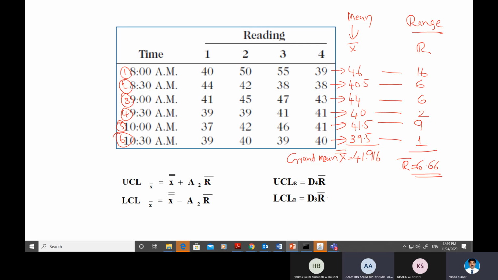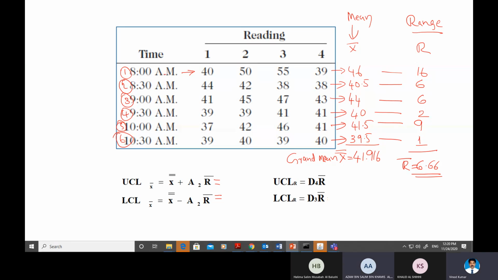Now let us calculate the lower control limit and upper control limit. Substitute x double bar equal to 41.916. A2, yes, let us go. How many samples are here? 6 samples, right? Each observation consists of how many readings?